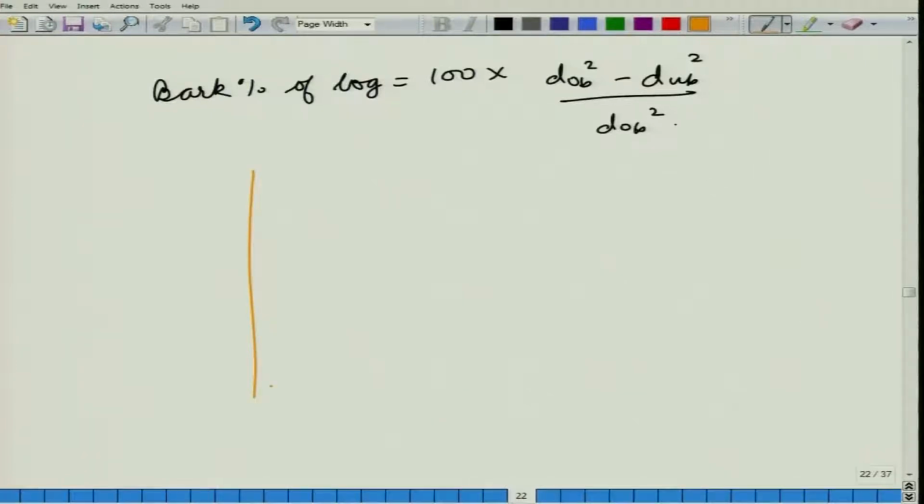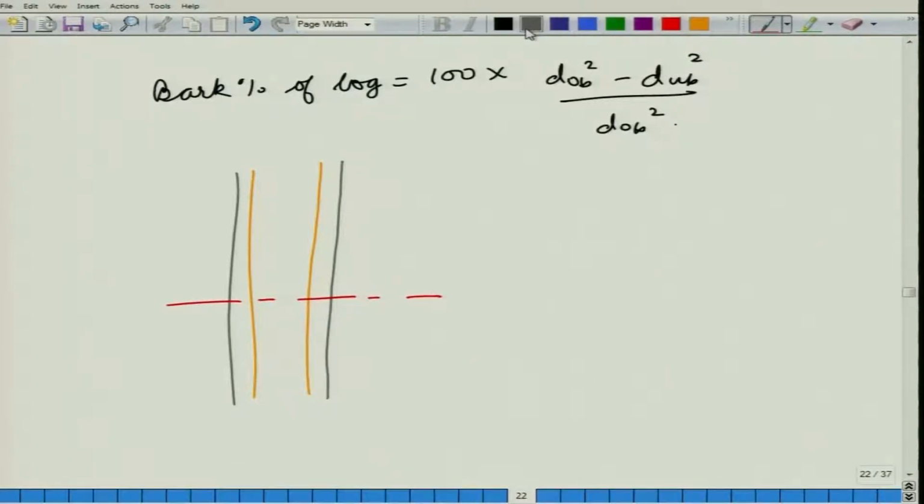So, suppose you have a tree that has bark all around it. If we looked at a cross section, it would look something like this.